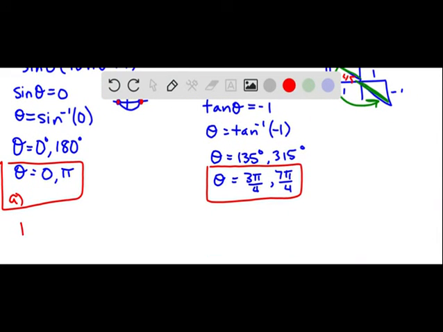So for part B, we have 0 plus pi times n, but we don't need to write 0. So let's just write pi times n. And then for the other set, we have 3 pi over 4 plus pi times n.